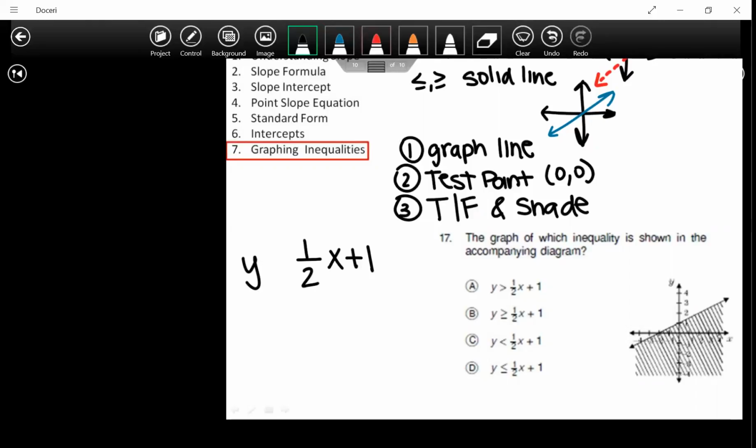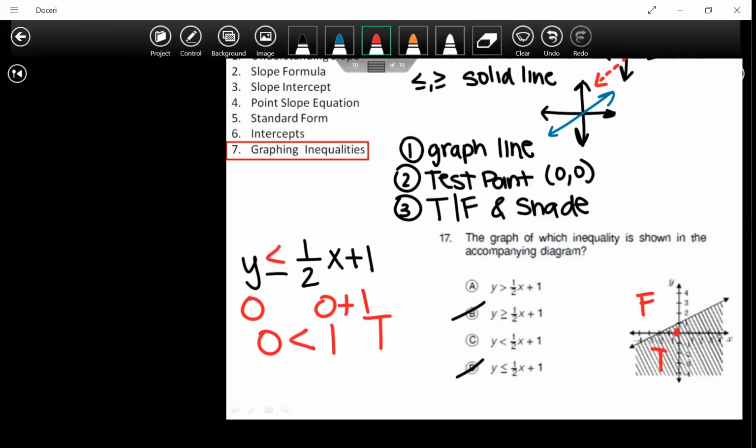Looking at this, this is actually a solid line, so I know that there's going to be an inequality line underneath it. So B and D kind of go away. Our test point is down below, so this will be my true side. The top side will be my false. I want to make sure that this statement is true when I plug in (0, 0). So 0 and 1. I want to make this true. So 0 is less than 1.